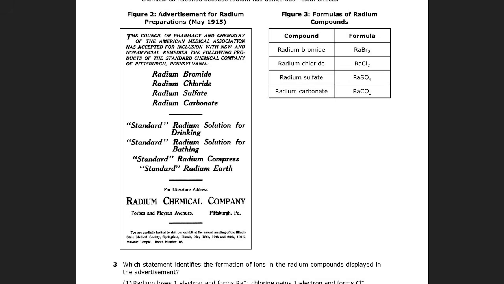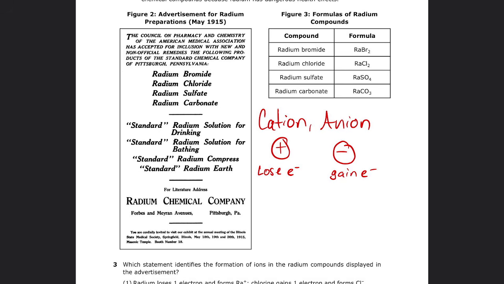And whenever we write an ionic compound, we always write it in the form cation, anion. The cation is always positive and the anion is always negative. So if you're forming a positive ion, that means that you lose electrons. If you're forming a negative one, that means that you gain electrons.